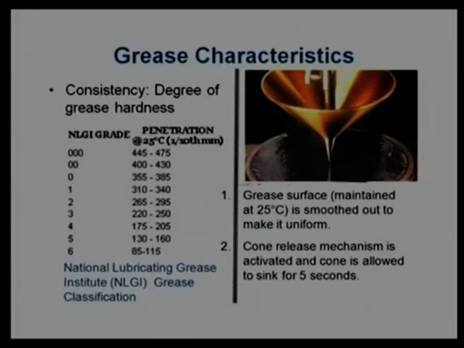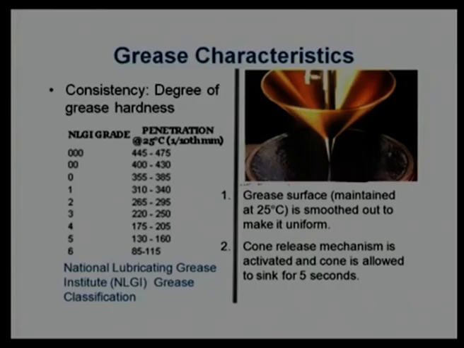We have some methods to characterize a grease, what we call a cone based method. You can see this cone over here, and this black surface is a grease surface. The cone point comes in contact with the grease surface, and we allow 5 seconds.